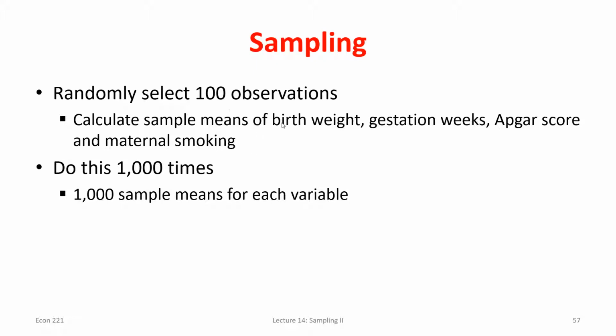I would now have 1,000 sample means for birth weight, 1,000 sample means for gestation, etc. With 1,000 different samples, I could then create histograms from those to see what the distribution of these sample means looks like. Also, with these 1,000 different sample means, I can calculate the mean of my sample means. I can calculate the variance or the standard deviation of my sample means, right?